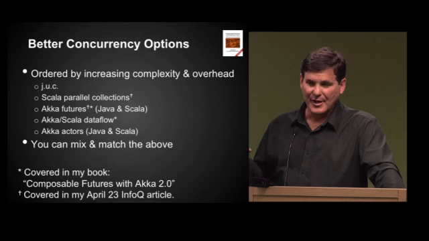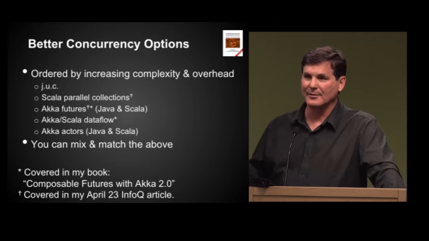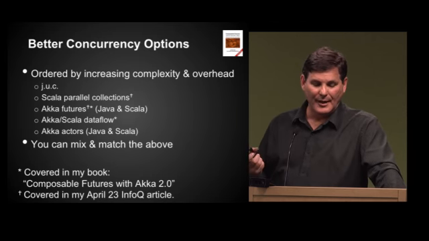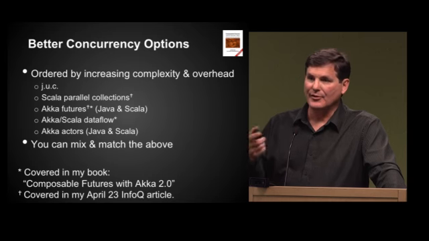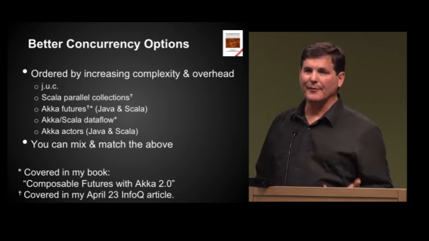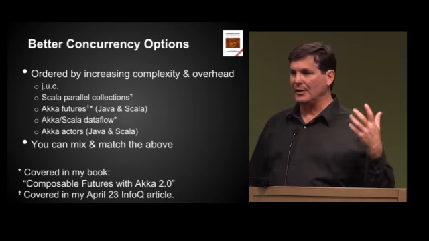So, armed with that knowledge, which you already knew, I'm going to tell you that there are, if you're a Scala programmer, 5 concurrency options. If you're a Java programmer, you've got 4. So j.u.c is common. Those primitives are available to you, and sometimes you need them.